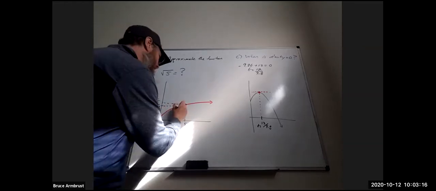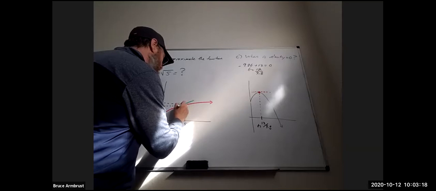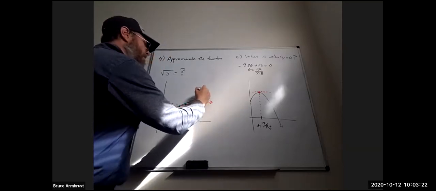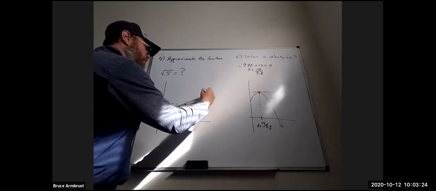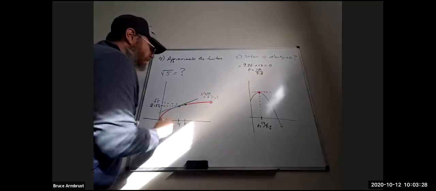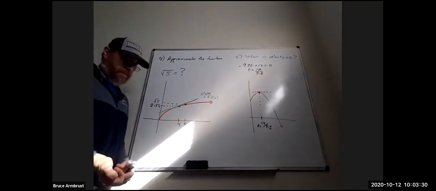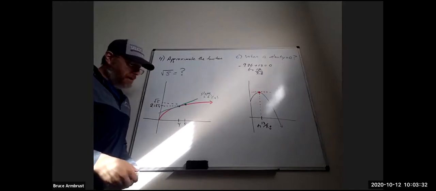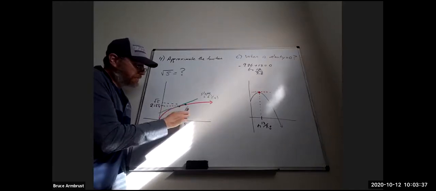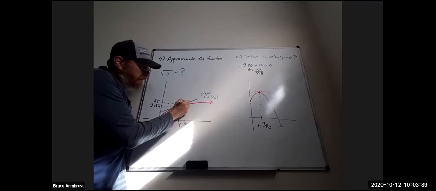That gives me a tangent line whose slope is f prime of 4. If I follow that line over to 5, I'll put a black dot on the line.